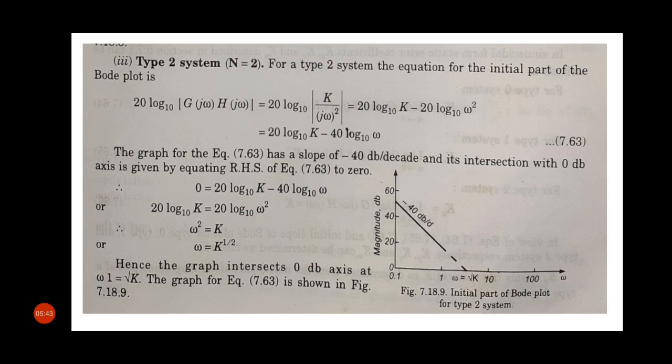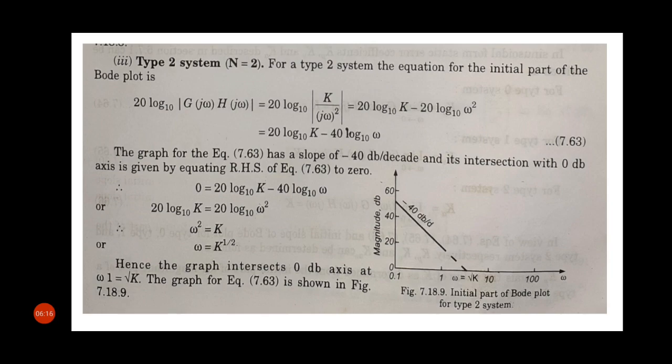Okay, and the graph for equation 7.63 has a slope of minus 40 dB per decade, and its intersection with the 0 dB axis is given by equating the right hand side of equation 7.63 to 0. So if we substitute the right hand side of equation 7.63 equal to 0, then we find omega equal to root under k.